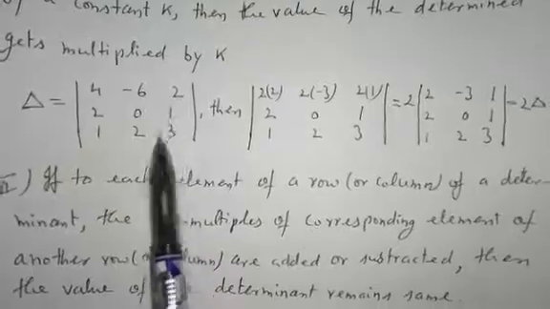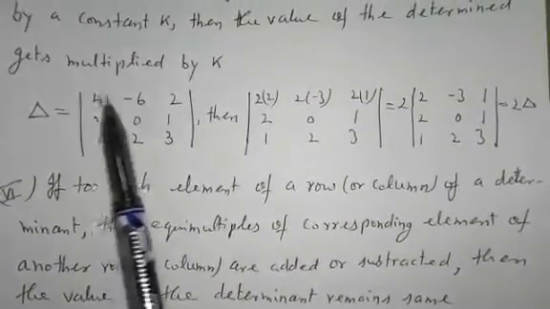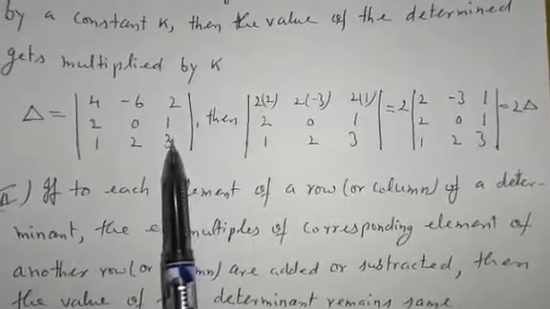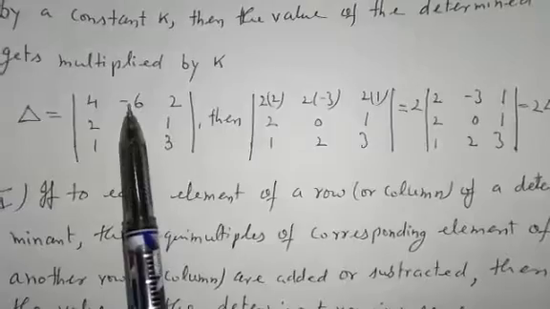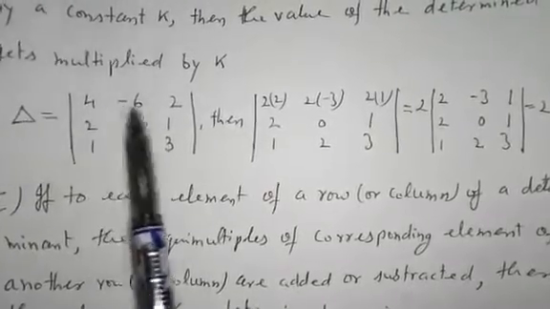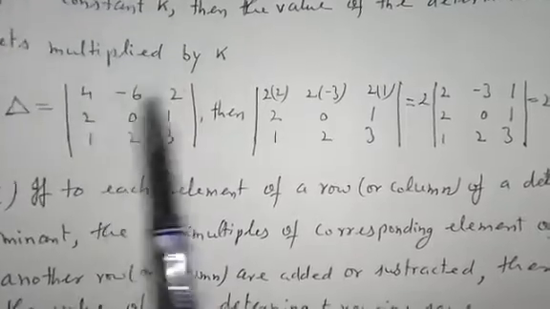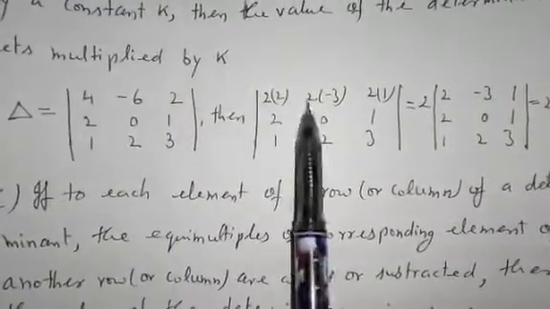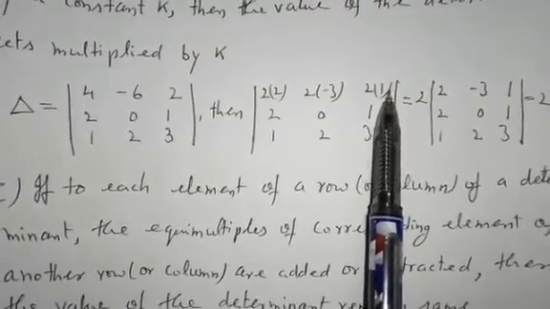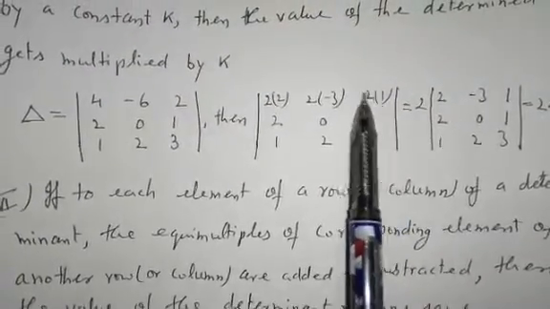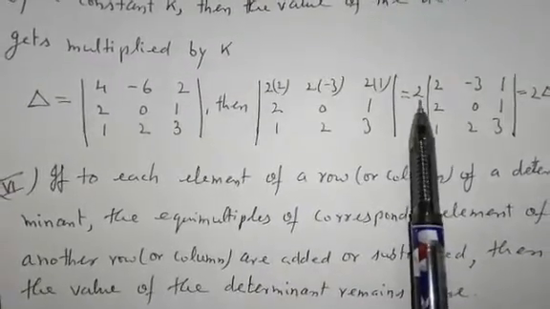One example for this property: in this determinant we observe that all the elements of R1 are twice some numbers. 4, 2 into 2, minus 6 is 2 into minus 3, 2 is 2 into 1. So you may take 2 common from this determinant.